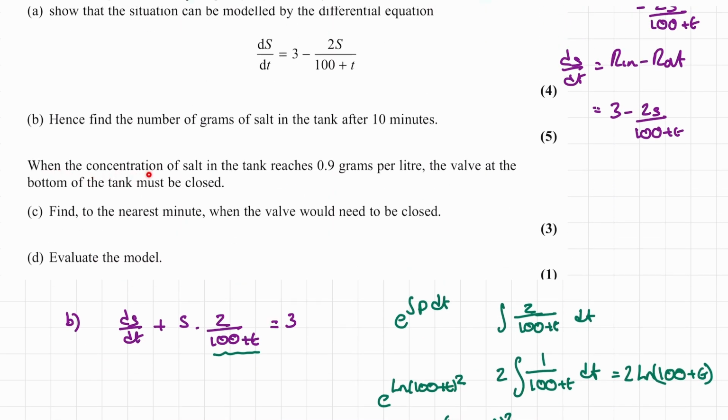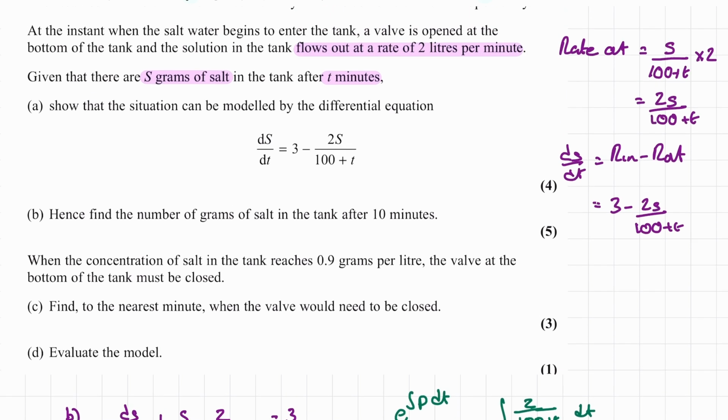When the concentration of the salt in the tank reaches 0.9 grams per litre, the valve at the bottom of the tank must be closed. Find the nearest minute when the valve would need to be closed. So if we look back up here, we said that this was the concentration of salt in the tank at any given time. So we need to make this equal the 0.9.